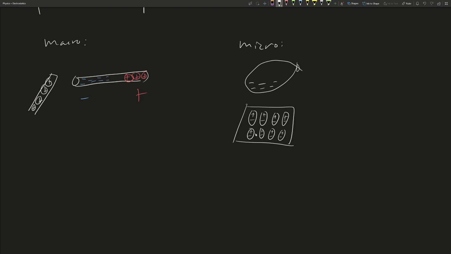But when they're brought near an externally charged object, the charges inside the material, even if it's an insulator, can align individually to create a polarization. Whereas on the macroscopic scale, the electrons themselves can move to a different location to create this net charge and polarization.